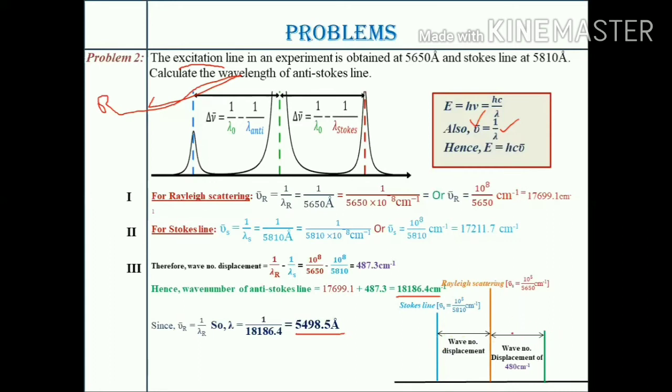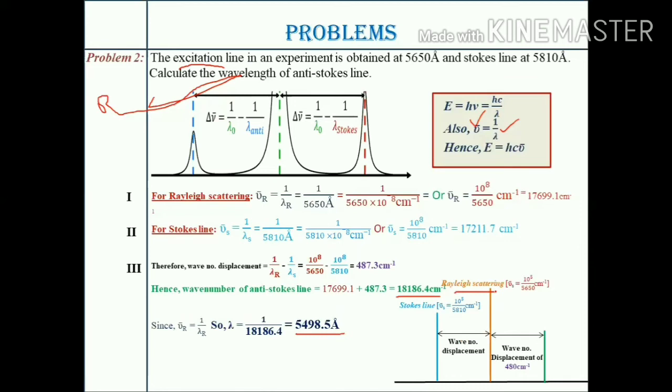Once you know the Raman shift, or the wave number displacement, you can attain the value for the Stokes line, or it can go vice versa also, as we solved in this problem. But remember: if you are asked to calculate the wave number or wavelength for the Stokes line, then you need to subtract the Raman shift from the Rayleigh scattering.